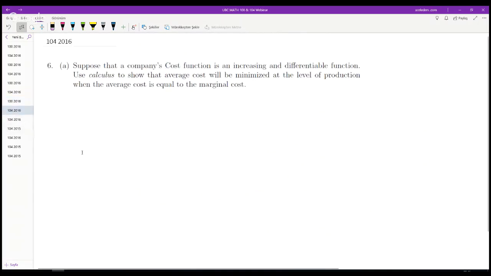And that is, suppose that a company's cost function is an increasing and differentiable function. Use calculus to show that average cost will be minimized at the level of production when the average cost is equal to the marginal cost. So first, let's think about the average cost. What is average cost?